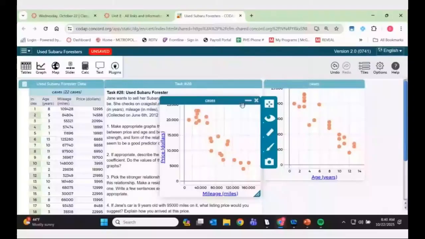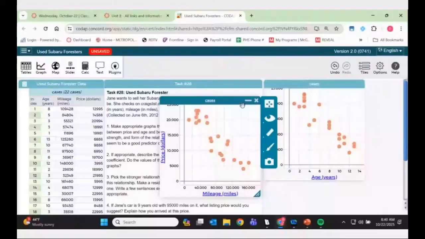So I ran out. Okay, so you need to make some graphs and we want to look at these graphs, okay? Because they are of the same vehicle. All right?